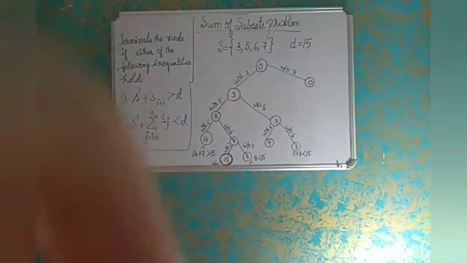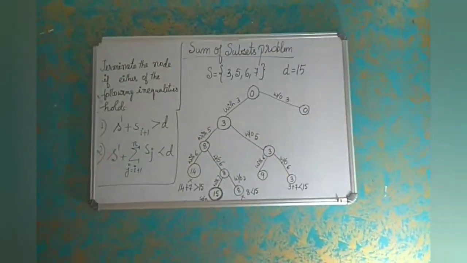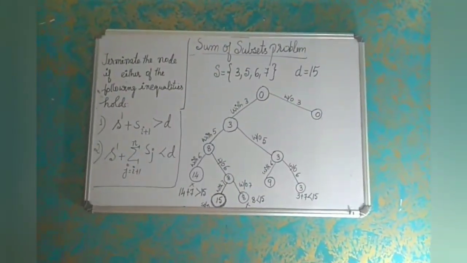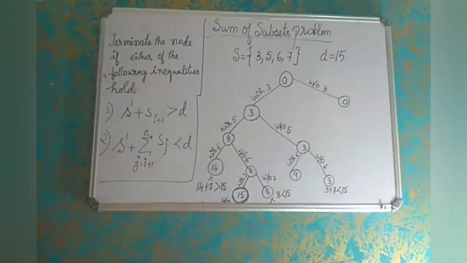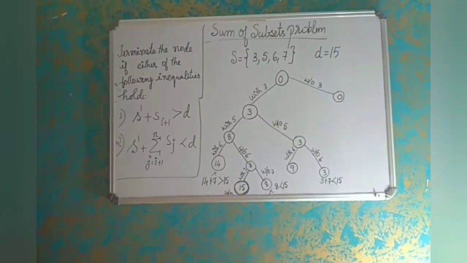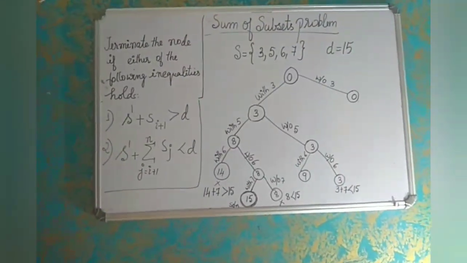We have 7. So if you add 7 to 14, that will give us 21. 21 is actually greater than 15, so you have to stop there. So 14 plus 7 is equal to 21, which is greater than 15. So you have to stop. So what does it indicate?